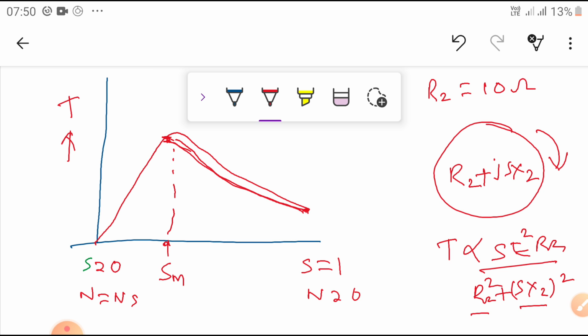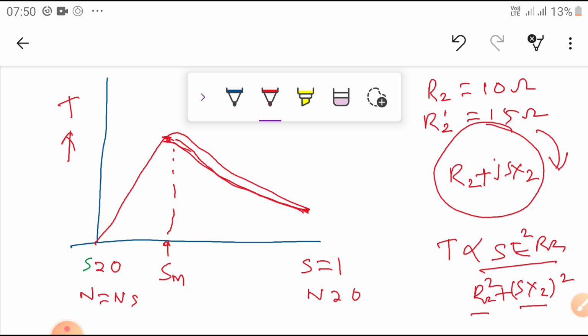I add some more, 5 ohms, so R2 dash becomes 15 ohms. At that condition, what will happen?